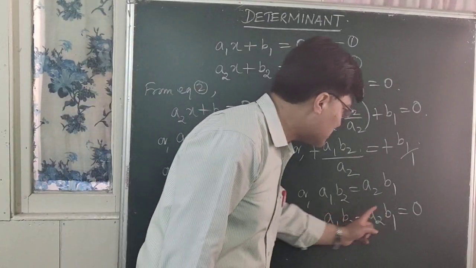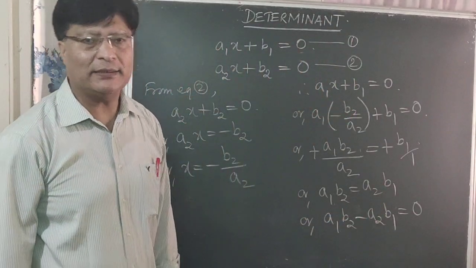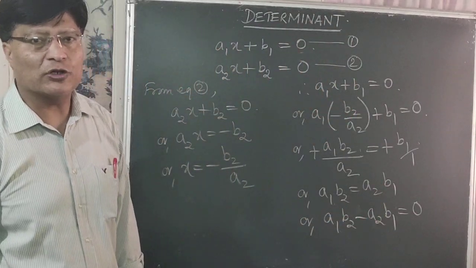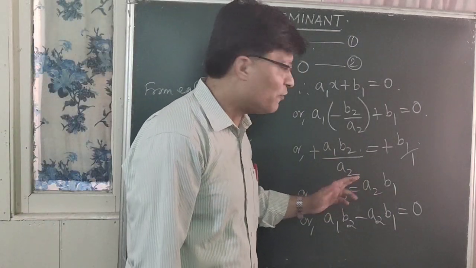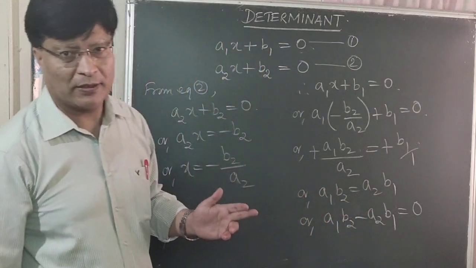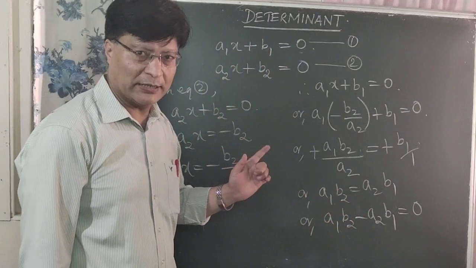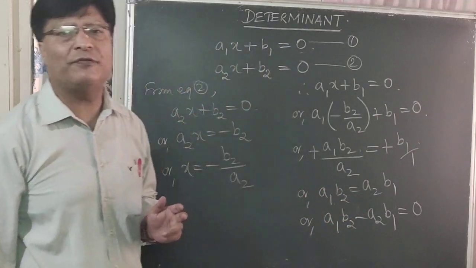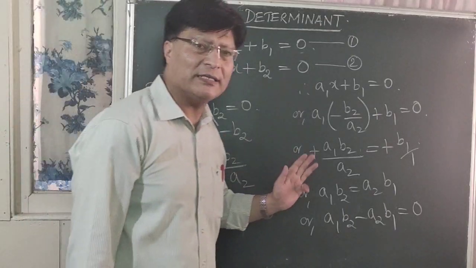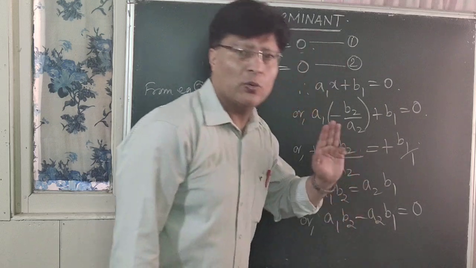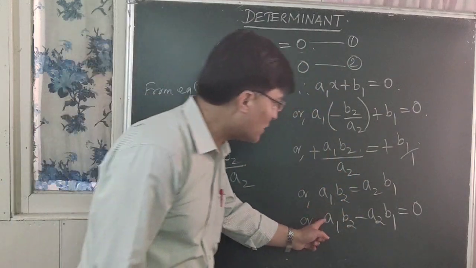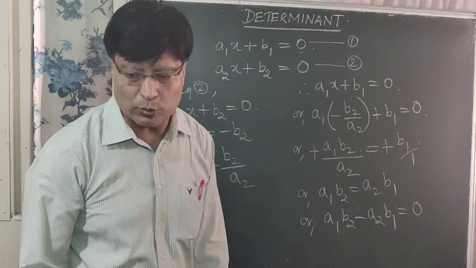And this left hand side is known as the determinant of order 2. And the correct way of representation of a determinant, okay? So we know that this left hand side where x is eliminated is known as the determinant of order 2.